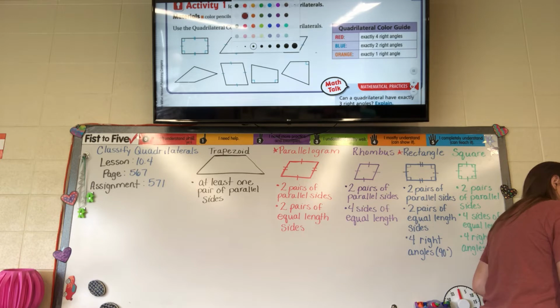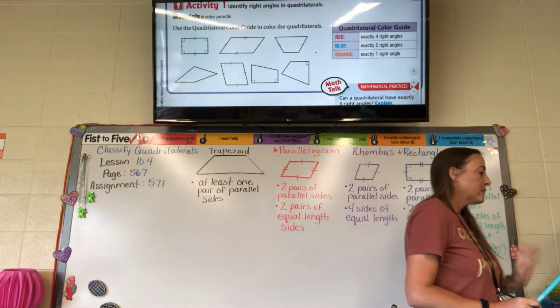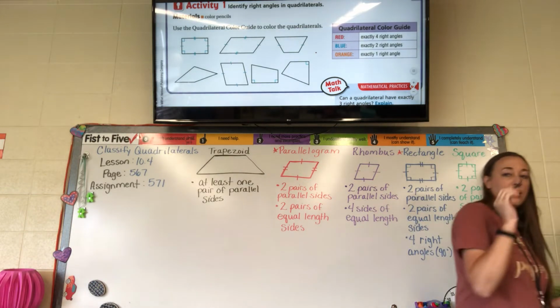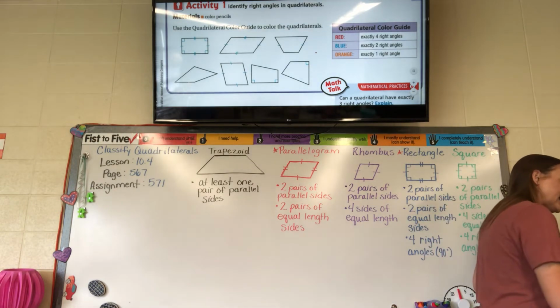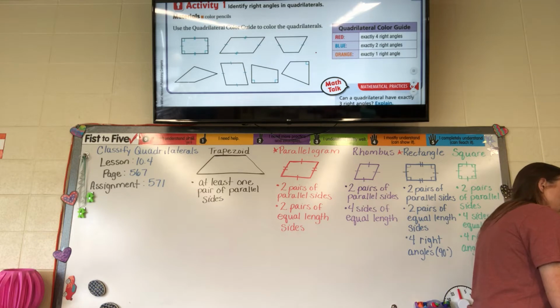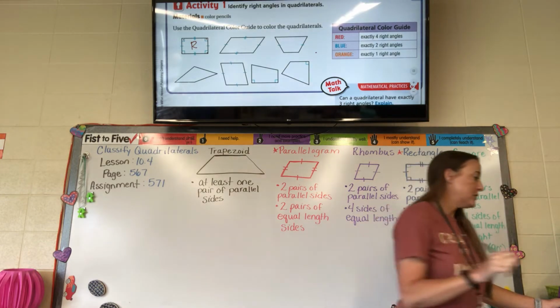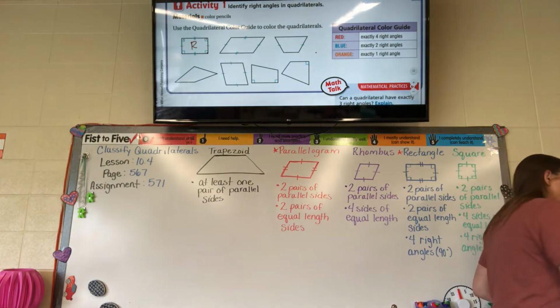So R for red. Okay, so we're going to write R for red in every one of these that has exactly 4 right angles. In this first one, I see 4 right angles because it has the little square corners, and it has 4 of those. And that is the only one that has 4 right angles, so the only red one will be your first one.